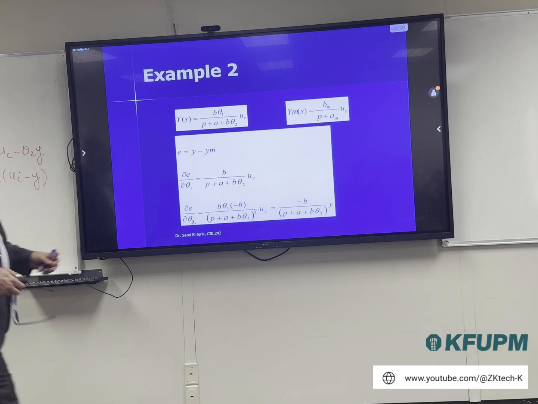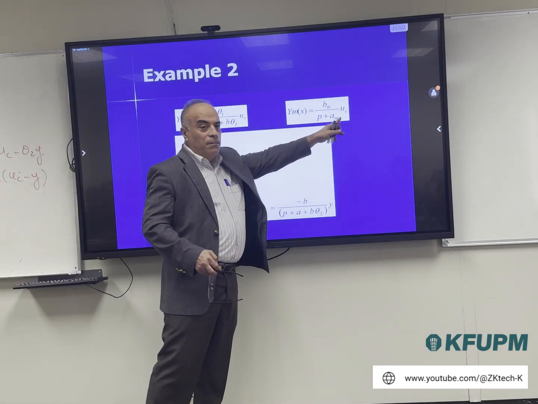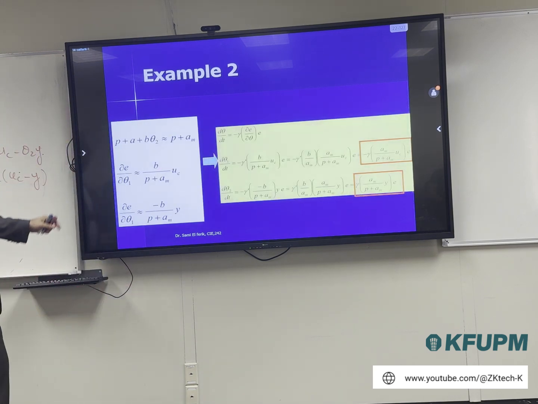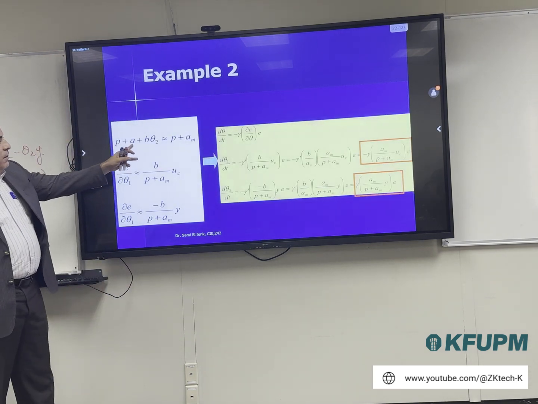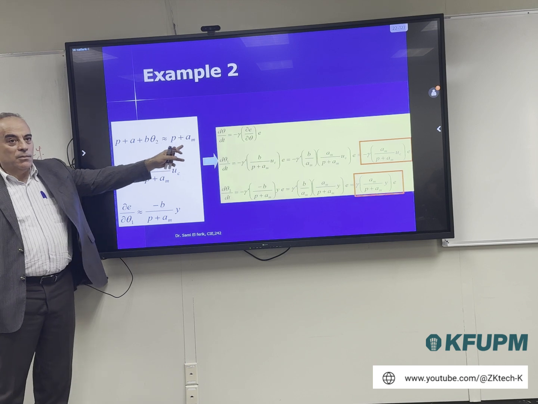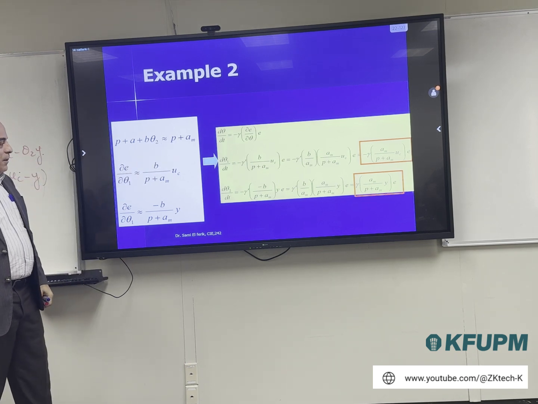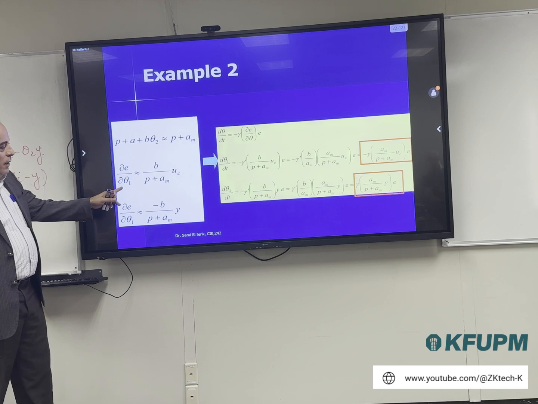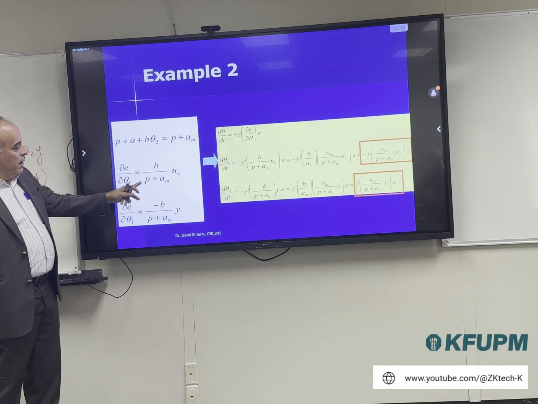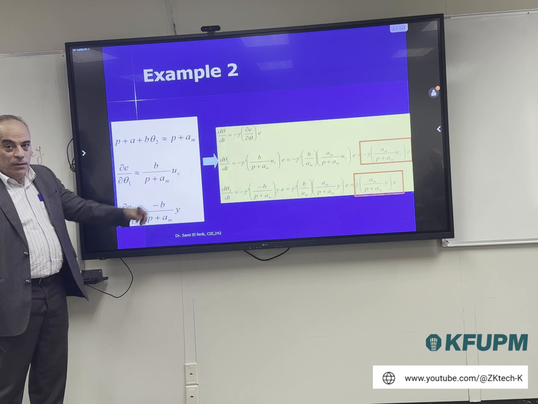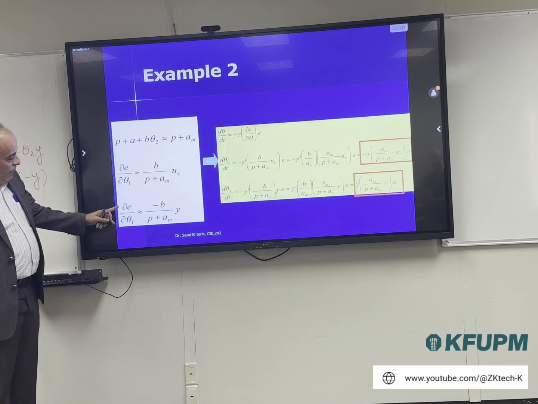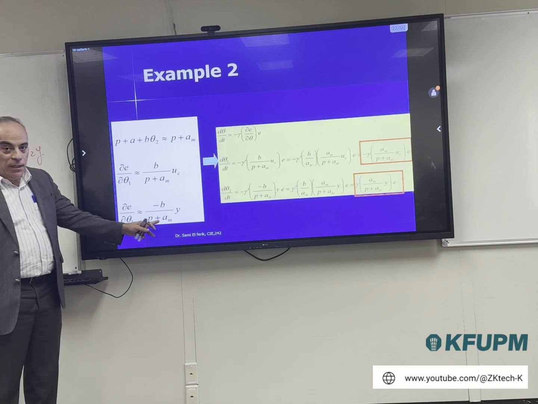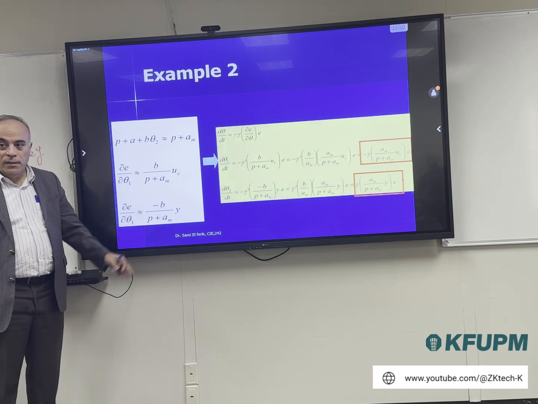And what we desire is P plus A. So I'm going to say, let me assume P plus A plus B times theta 2 is almost P plus A. So this becomes the derivative of E with respect to theta 1 is equal to B divided by P plus A multiplied by UC. And then the derivative of E with respect to theta 2 is equal to almost minus B divided by P plus A multiplied by Y.